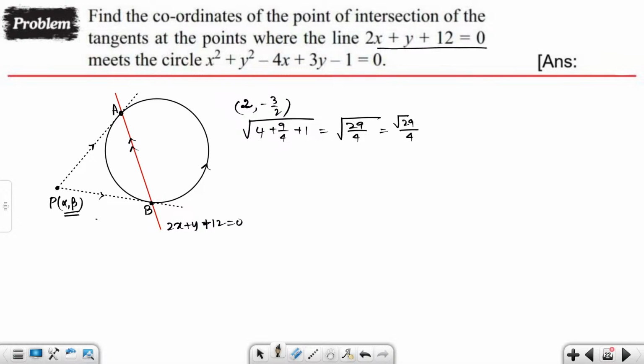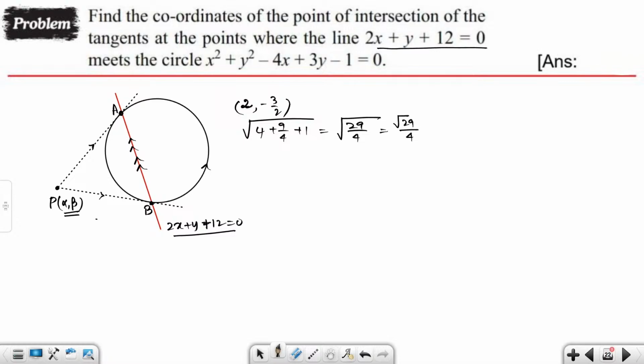Please do remember, and if possible, make a note of it. Whenever this kind of thing is given and we need to find the coordinates of the point of intersection, this AB is basically a chord of contact, and the equation of the chord of contact is given to you. Now it is advisable, please make a note of it, that you always try to find the equation of AB in some other way.